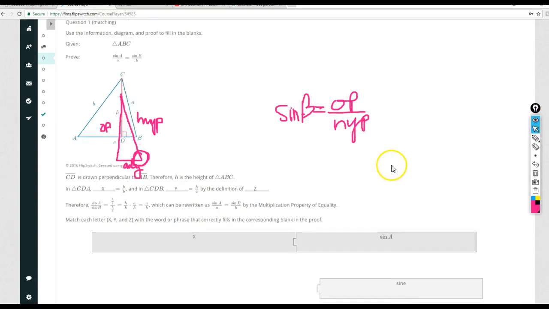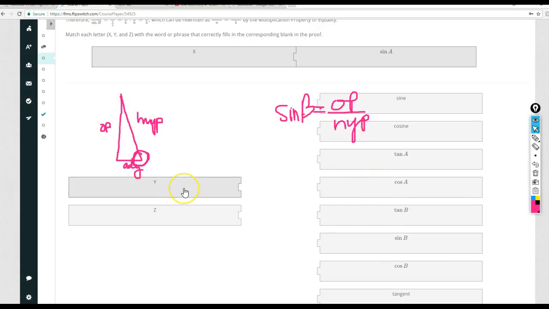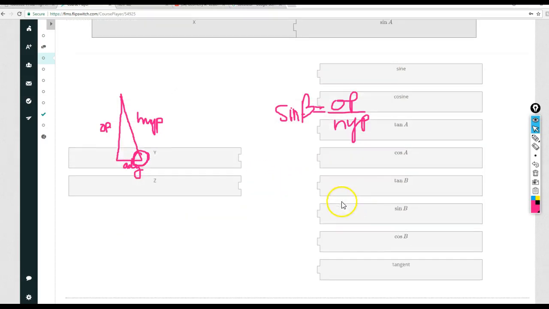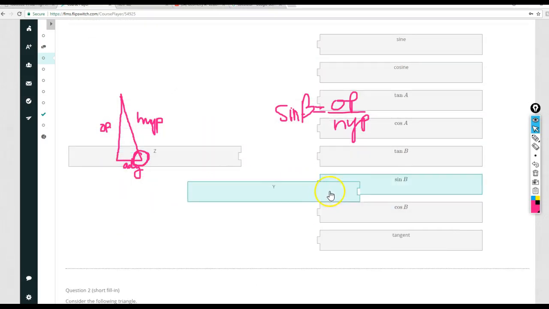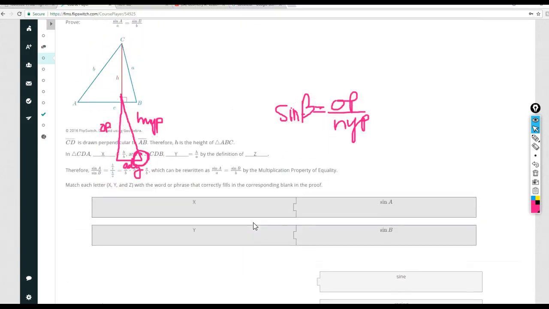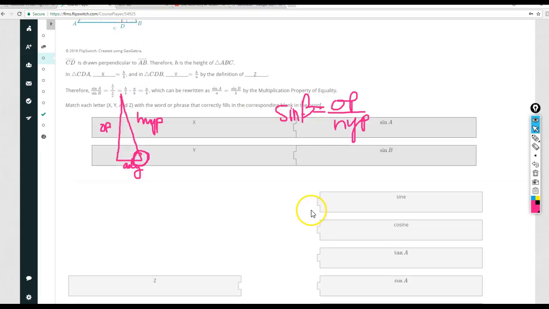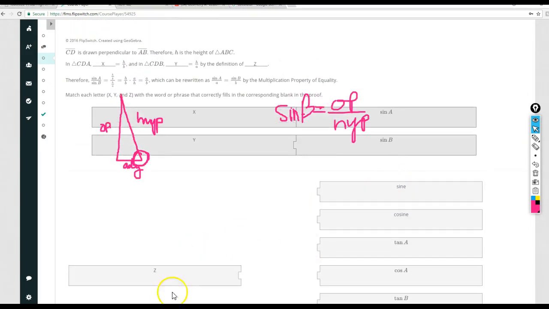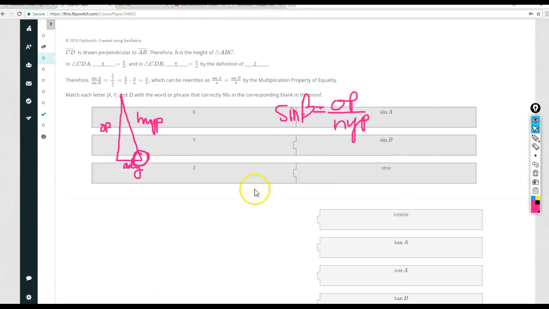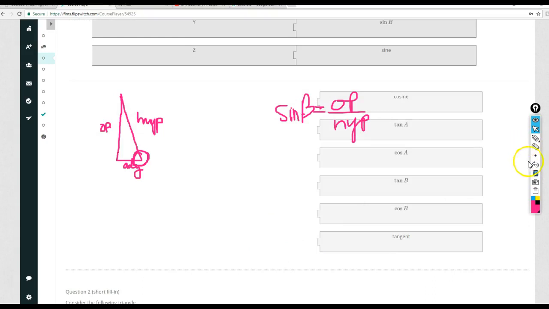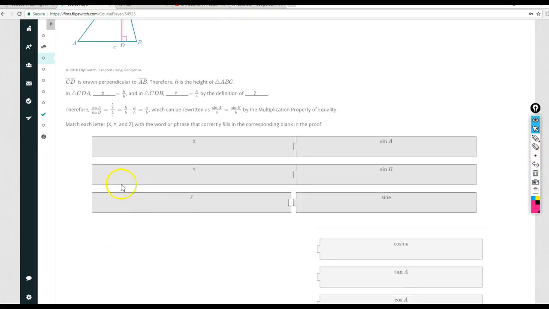This is going to equal that ratio. So we have sine of B. And then by the definition of our sine function, sine is our ratio of our opposite side length to our hypotenuse side length. And then it goes and explains the rest of it.